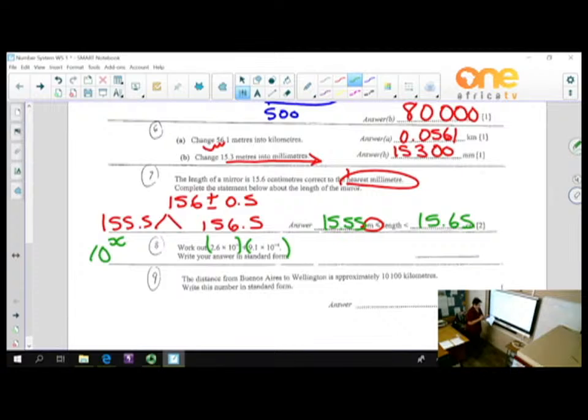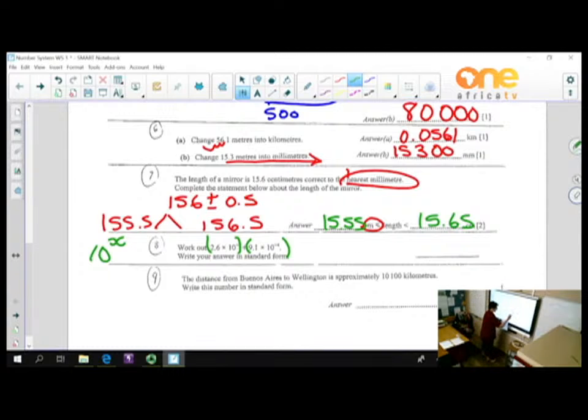So brackets, 2.6, 10 to the power of x, negative 3, close the bracket, plus another bracket, 9.1 times that 10 to the power of negative 4, and close the bracket.